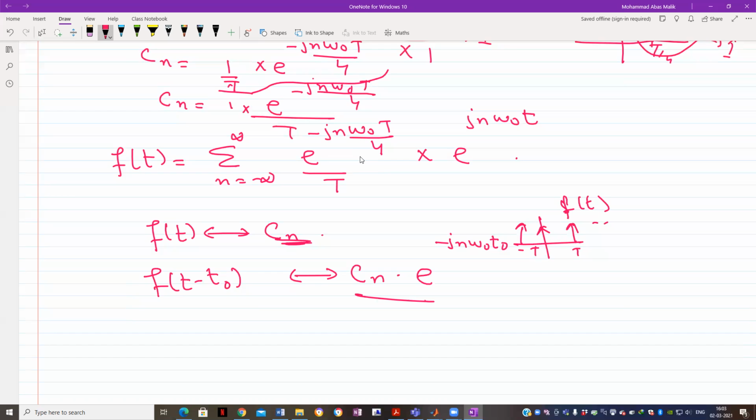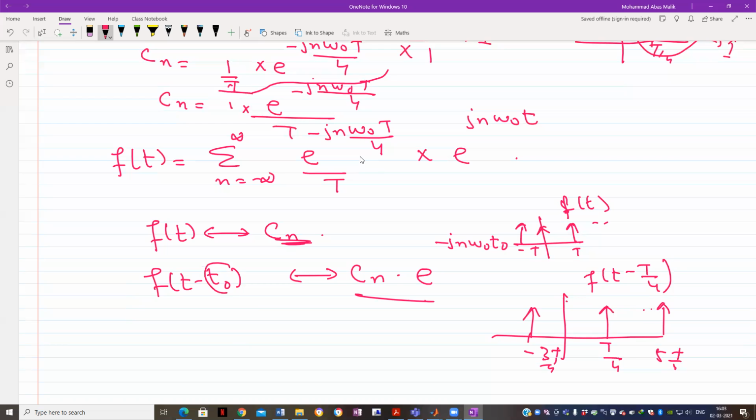It is because you are delaying it. So if you have another signal with the delay, f of t minus T by 4, that means this will be at T by 4, another one will be at 5T by 4, and this will be at minus 3T by 4. What you will get is a delay in the signal.